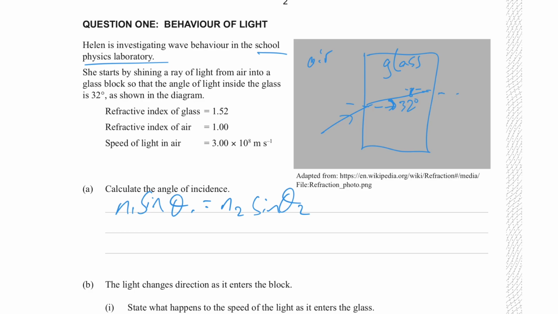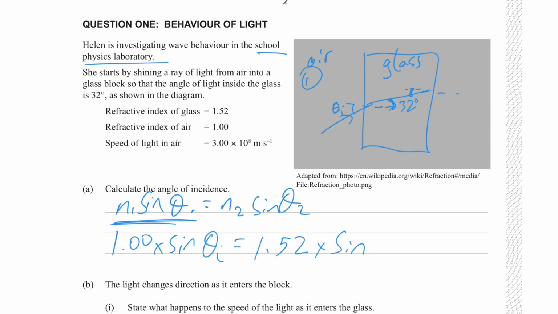So I would typically make the left hand side, the air, n1 equal to 1.00, so 1.00 times the sine of the angle of incidence that we're looking for, theta i, equals n2, the refractive index of glass, 1.52, times the sine of 32 degrees.